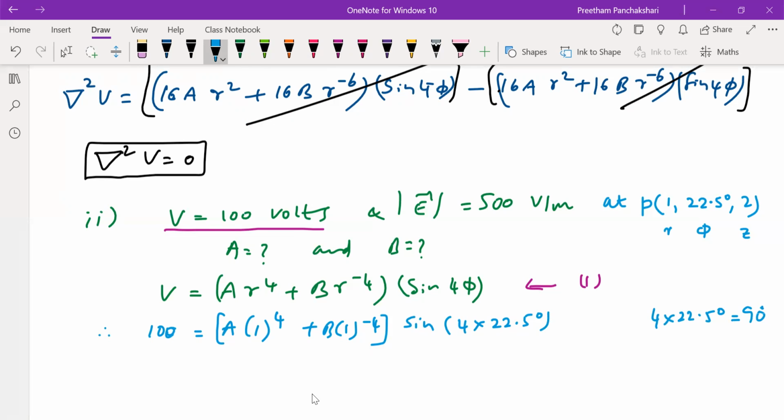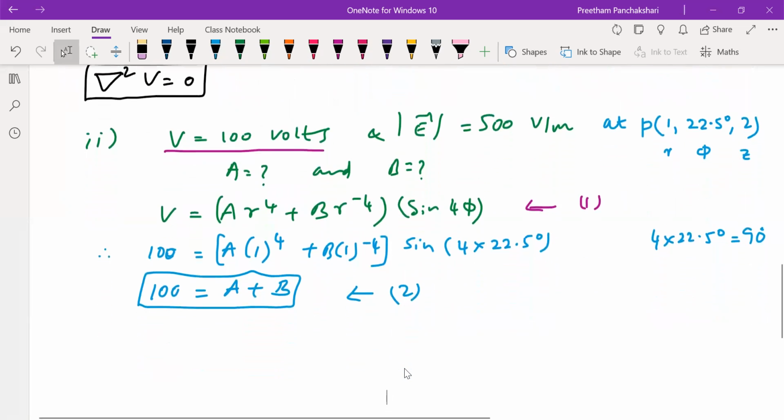So sine 90 is 1. 1 power 4 is 1. 1 power minus 4 is also 1. So therefore, this equation becomes 100 equal to A plus B. I got a simple relation with the first value given.